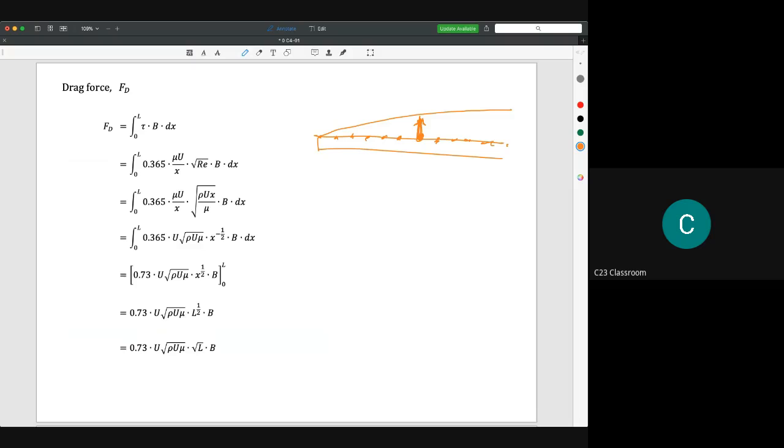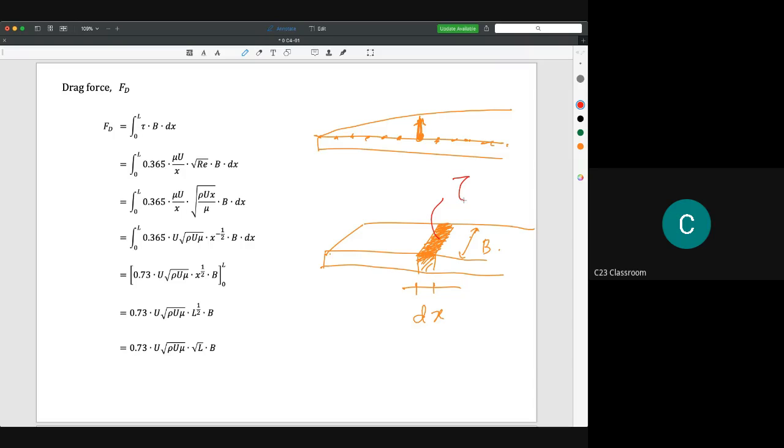So what we do is, okay, this is our plate. We take a small area of this. The small area has length dx, and the width here is b. Let's say the shear stress here, according to our previous calculation, is tau.